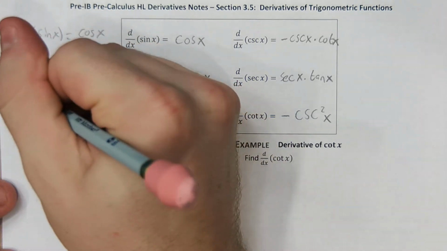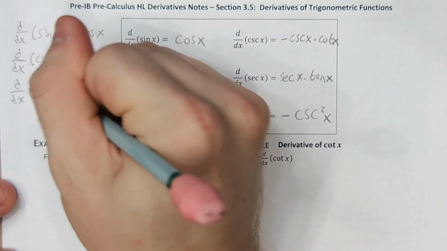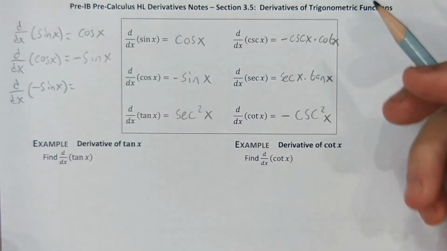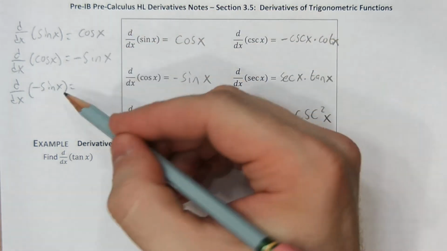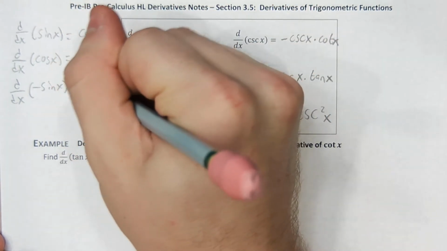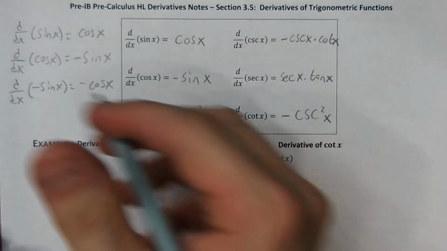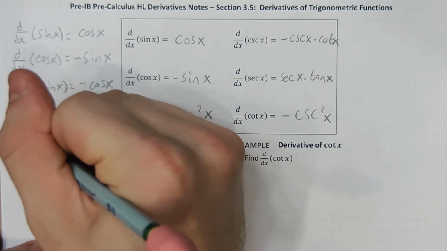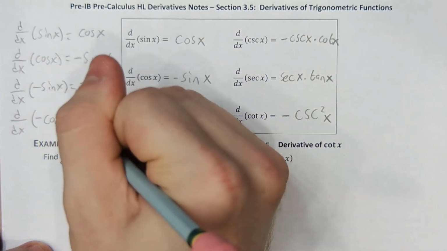Let's find the third derivative, meaning let's find the derivative of negative sine of x. Well, the negative on the front is a constant. It's -1. It just comes along for the ride. So it's literally going to be the derivative of sine of x with this -1 in front, which is negative cosine of x. And the fourth derivative of sine of x, which means the derivative of negative cosine x.